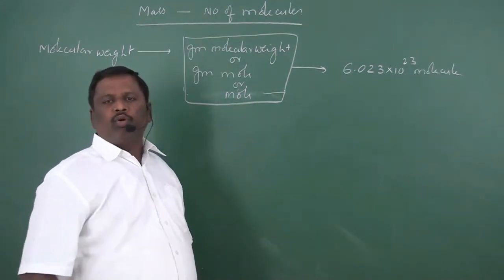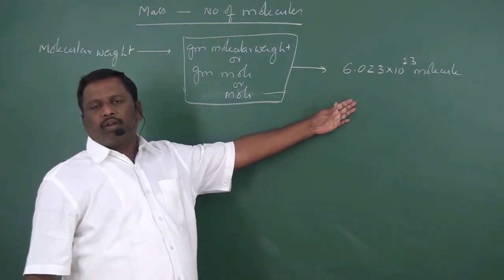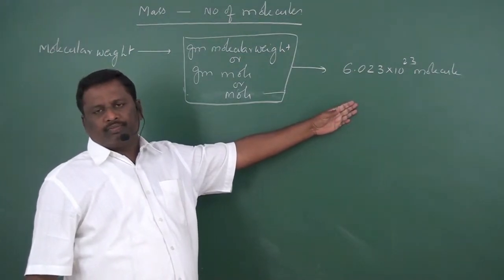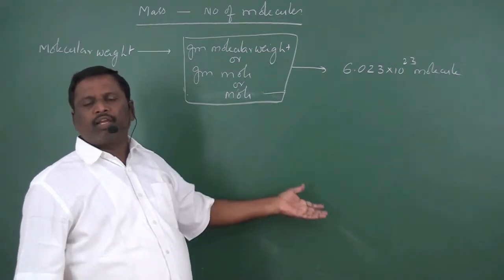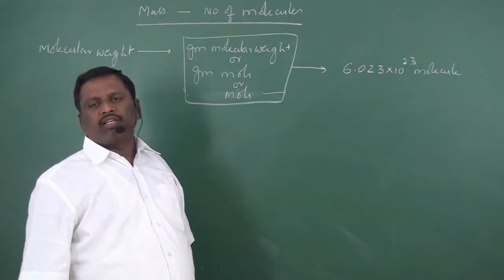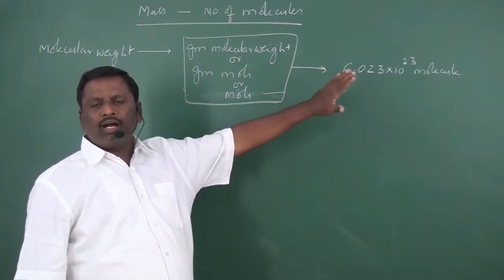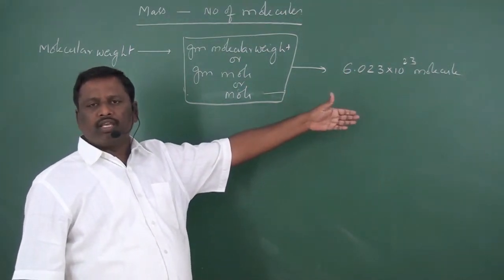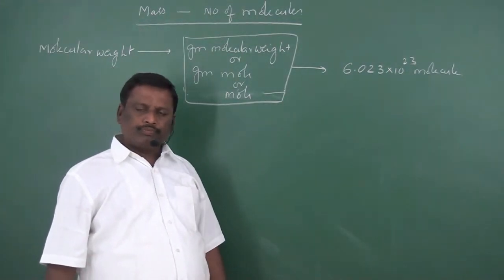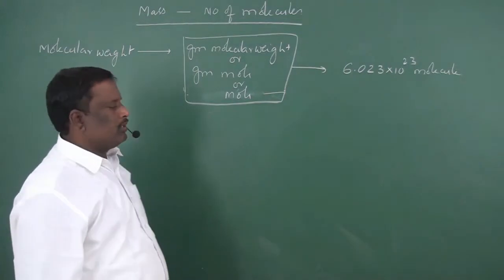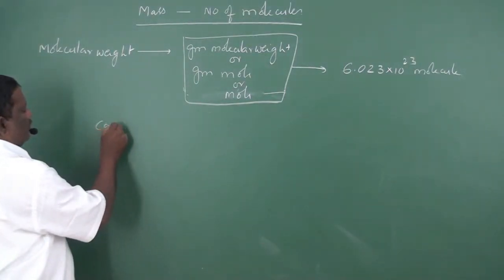Number of moles into Avogadro number will give us the number of molecules. For number of moles, mass of the substance by gram molecular weight gives the number of moles, and number of moles into Avogadro number gives the number of molecules present in the given substance. Now let us take one problem.